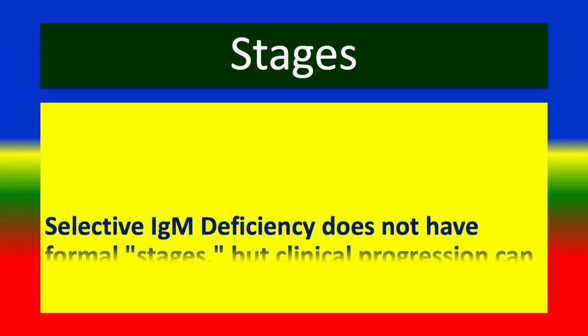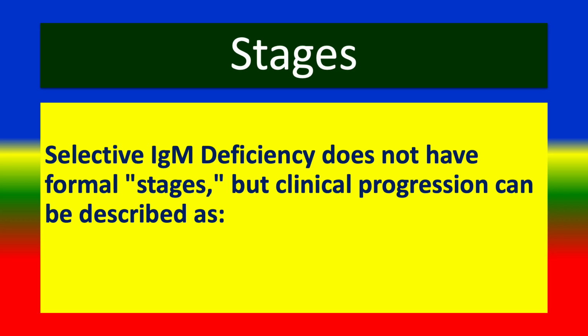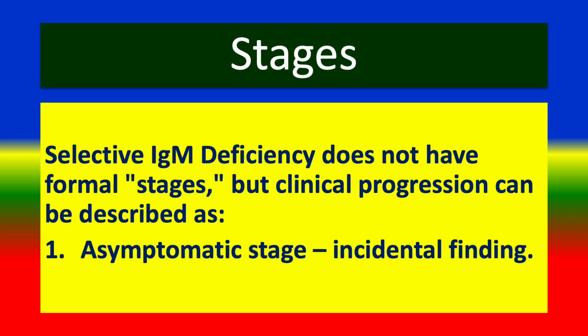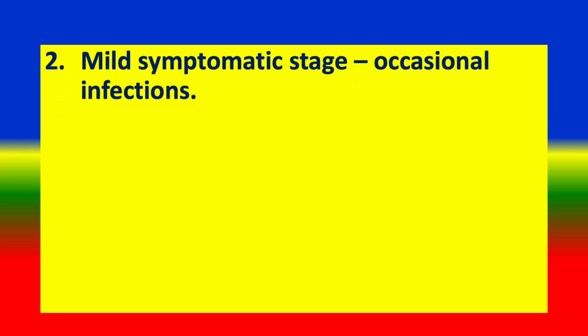Stages. Selective IgM deficiency does not have formal stages, but clinical progression can be described as follows. 1. Asymptomatic stage: incidental finding. 2.